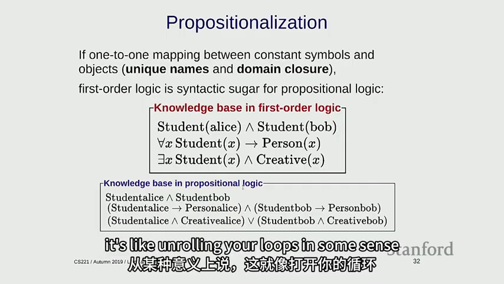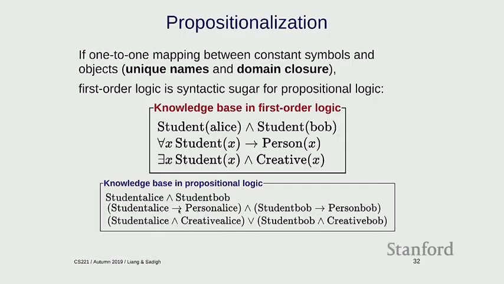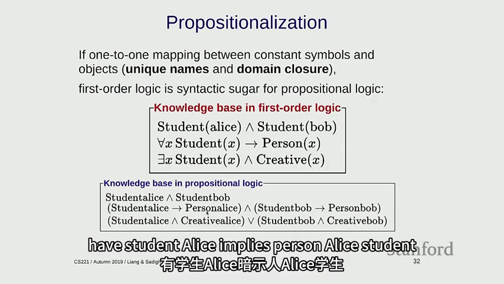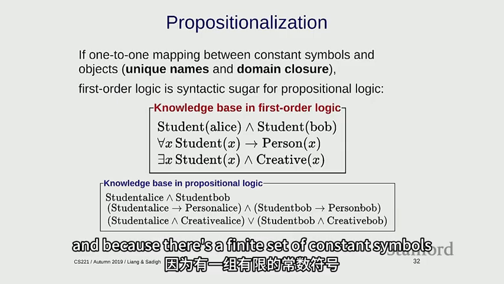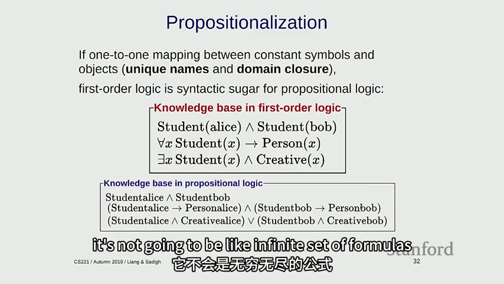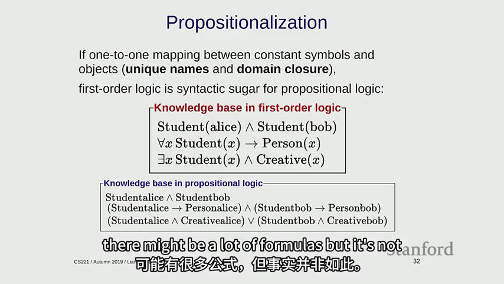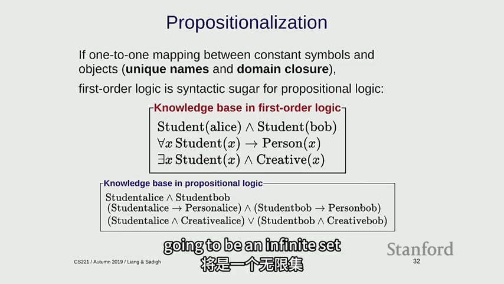It's like unrolling your loops in some sense. So we just have student Alice implies person Alice, student Bob implies person Bob. And because there's a finite set of constant symbols, it's not going to be an infinite set of formulas. There might be a lot of formulas, but it's not going to be an infinite set.